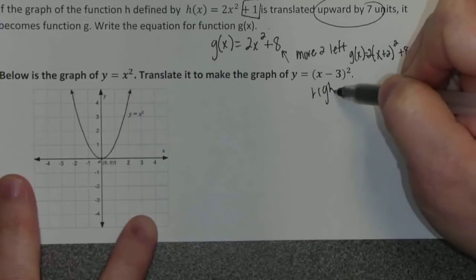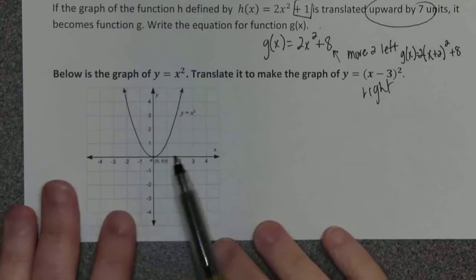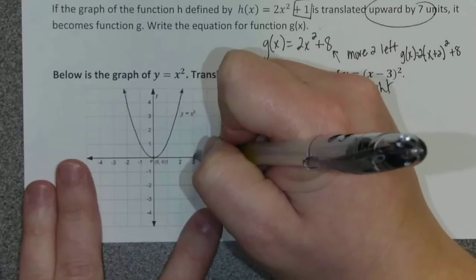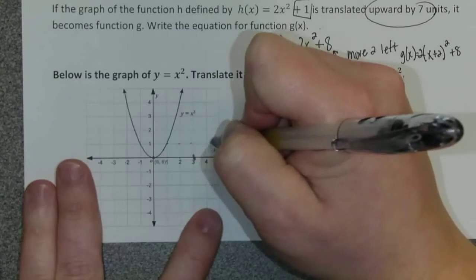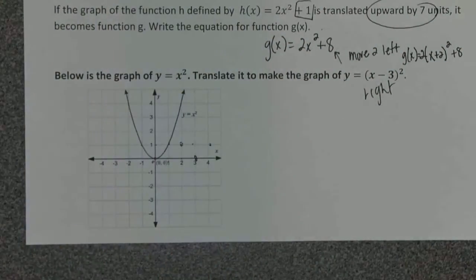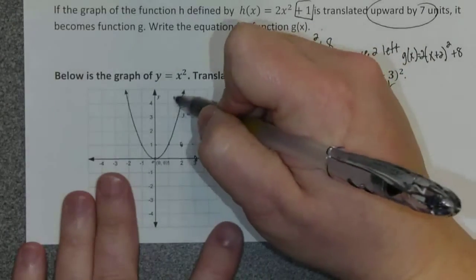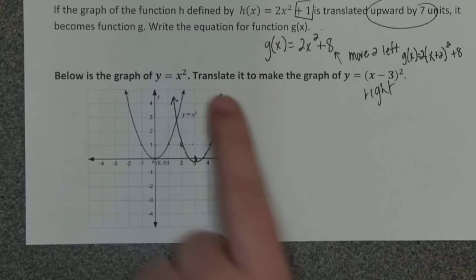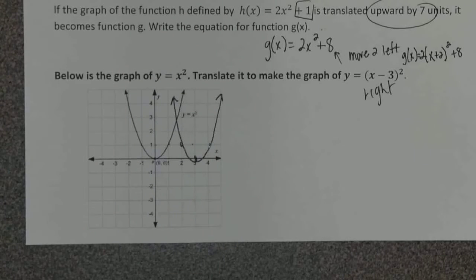So all I have to do is rewrite this. I've moved it to the right 3. So this ordered pair moves right 3. This ordered pair moves right 3. That ordered pair moves right 3. Really, we just picked up the whole graph and moved it to the right 3. And we regraph it. Okay? That's called a translation. When we translate, we move left or right or up or down. Okay?